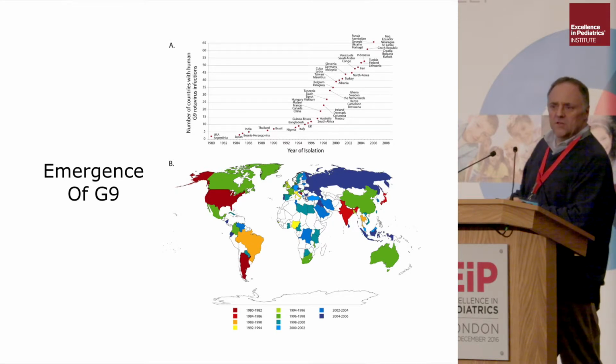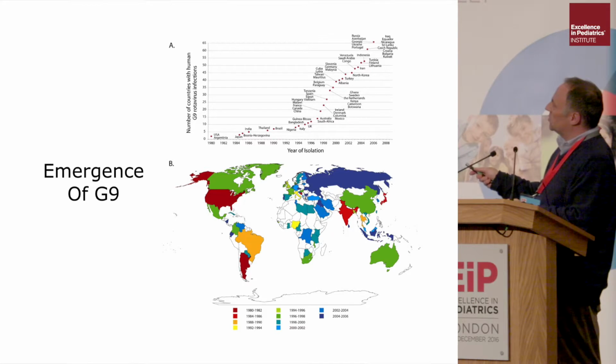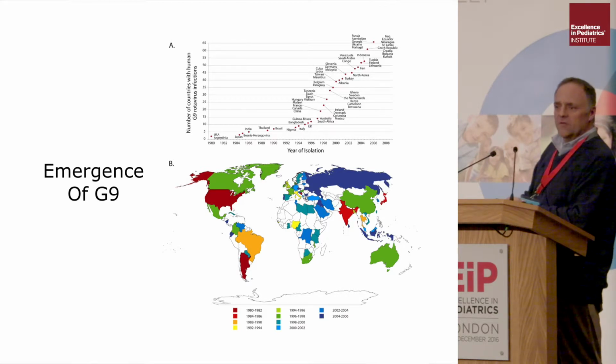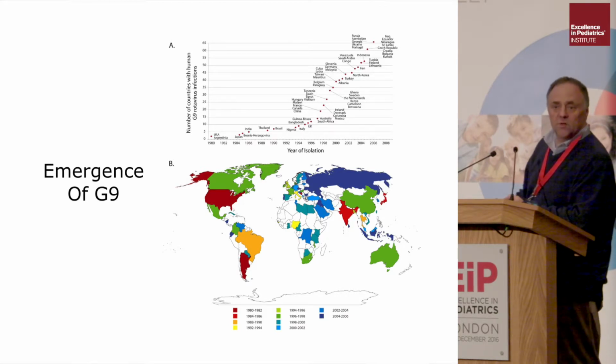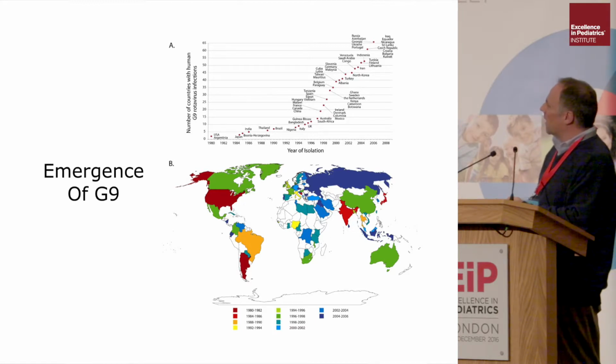Sometimes you have G-types that are emerging. This was true for G9, which was first discovered in the 80s, and then suddenly around 1996, 98, started to become very important. And at one point, in Europe, in many countries, accounted for more than 50% of the rotavirus infections, and then it went down again.